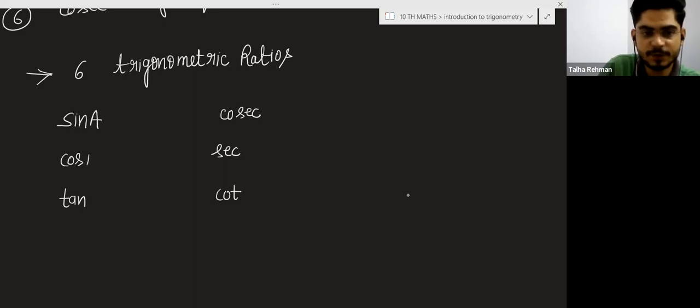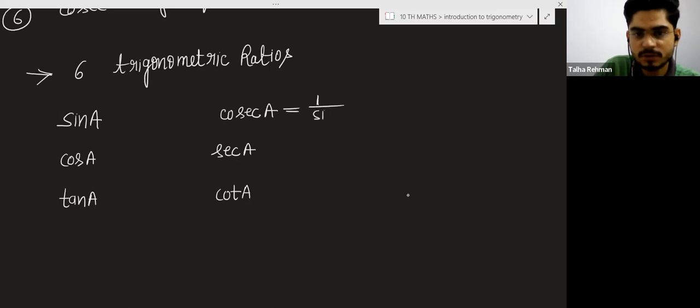You can take angle B also: cos A, tan A, cosec A, sec A, cot A. And there is a relation between these. Cosec A is 1 upon sine A. Sec A is 1 upon cos A. Cot A is 1 upon tan A.